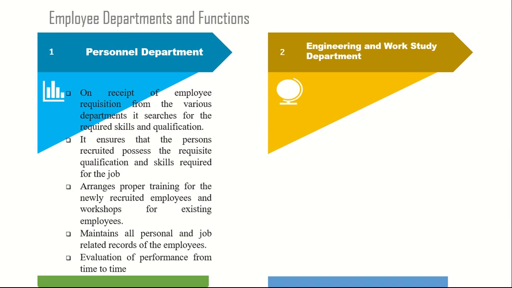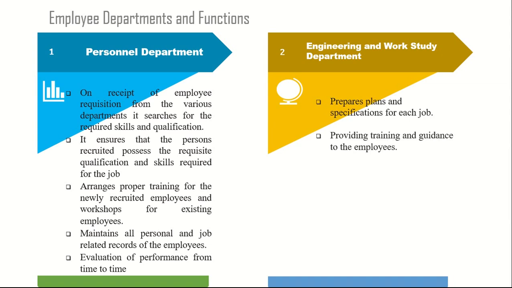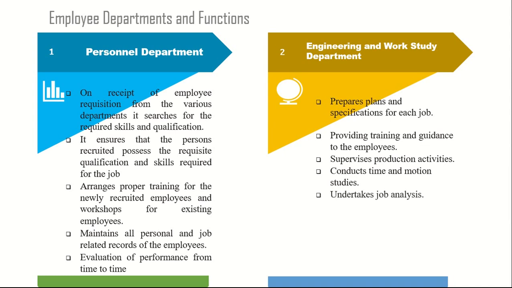Engineering and Work Study Department. Prepares plans and specifications for each job. Providing training and guidance to the employees. Supervises production activities. Conducts time and motion studies. Undertakes job analysis. Conducts job evaluation. Timekeeping department.